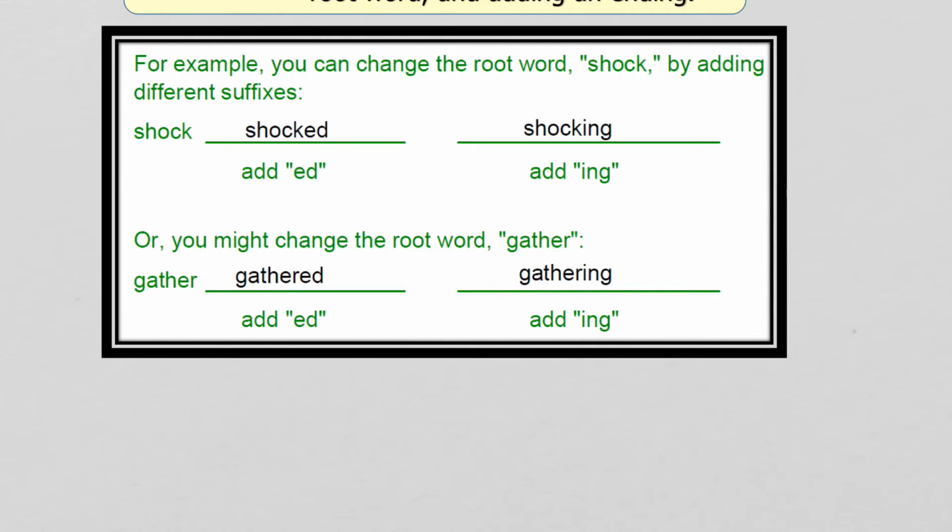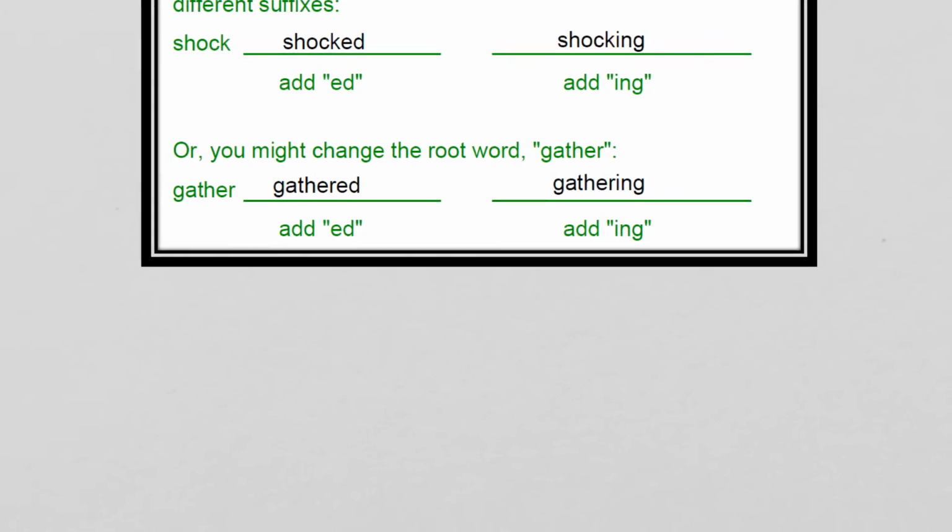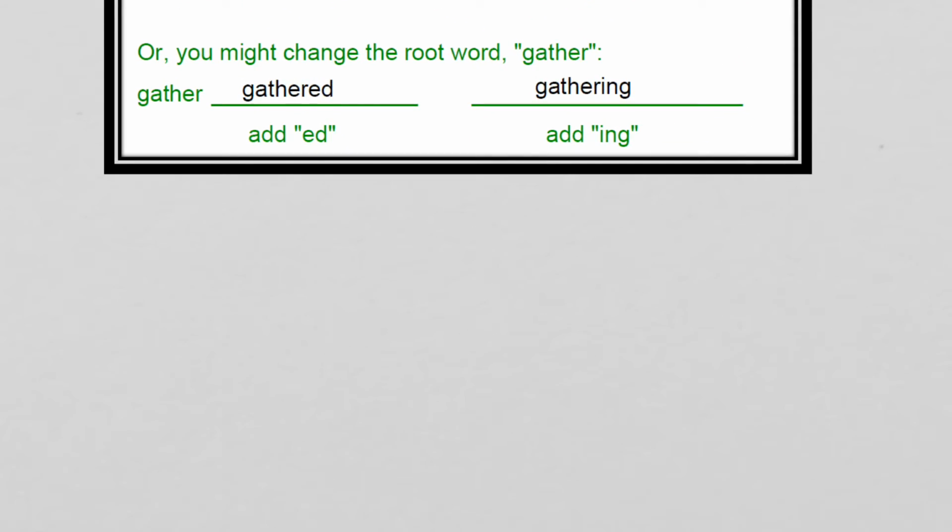Or we could add ing and get shocking, S-H-O-C-K-I-N-G. Another example, you might change the root word gather. So we'd go from gather to either gathered, G-A-T-H-E-R-E-D, or gathering, G-A-T-H-E-R-I-N-G.